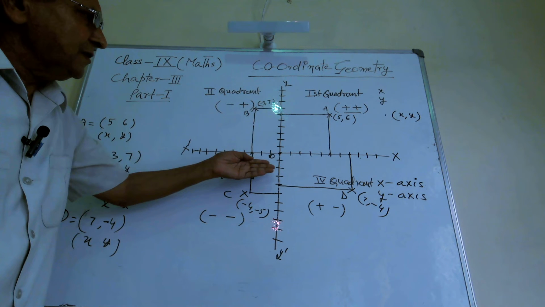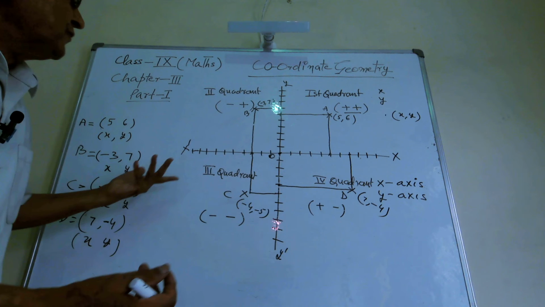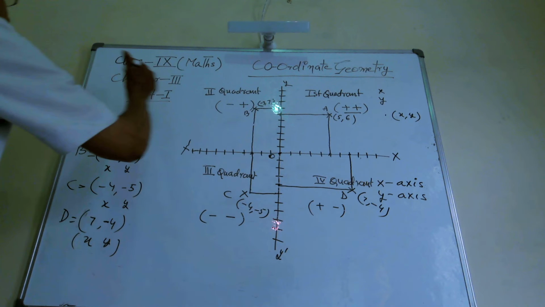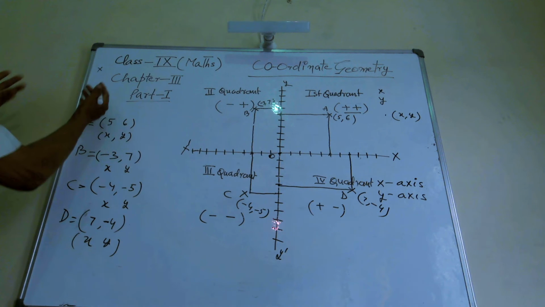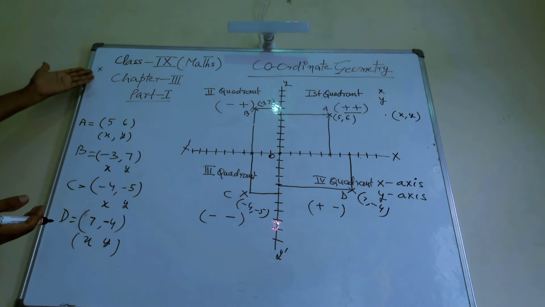If you do not draw these two lines, how will you find out? Suppose this is a plane and this is a point. How will you find the position of this point? There is no way.